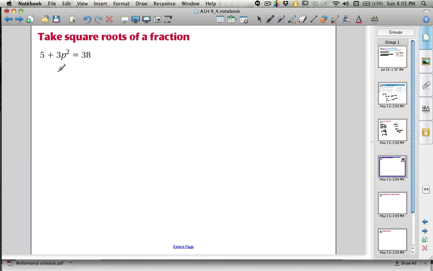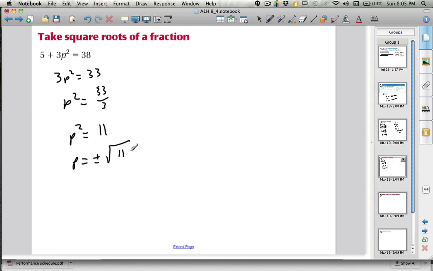If we don't have that, so if I start working on this problem, I'm going to subtract 5, so I'll get 3p is equal to 33. So p squared is equal to 33/3. So p squared is equal to 11. So p will be equal to plus and minus the square root of 11, which is a number between 3 and 4. So we don't have a specific value.